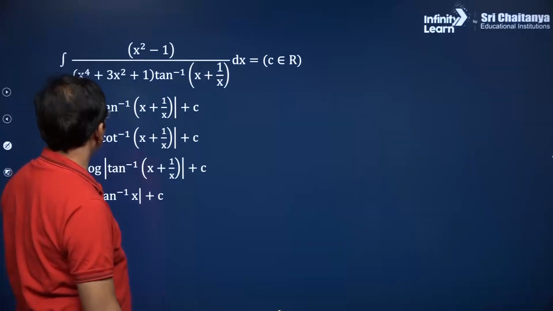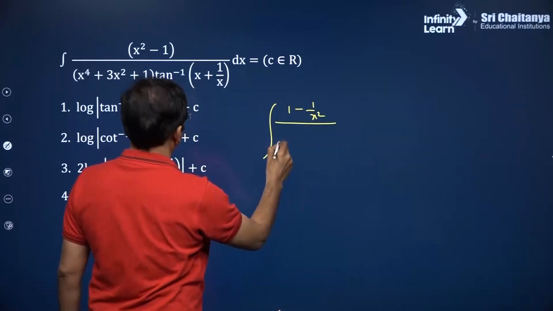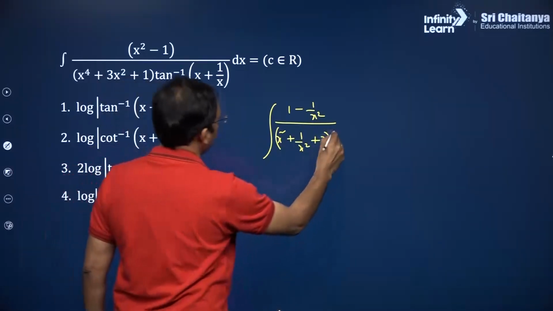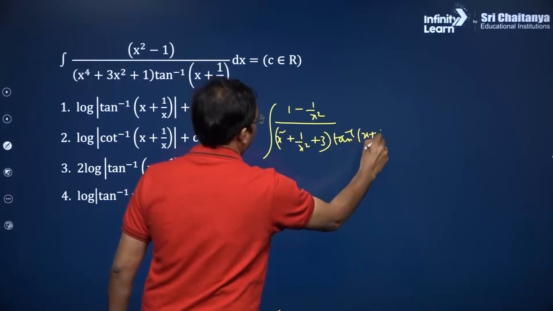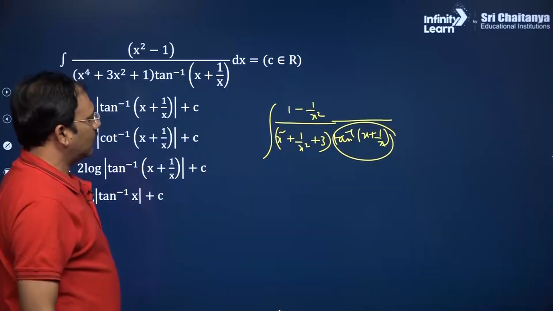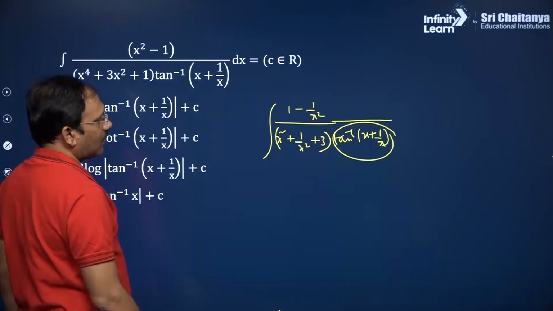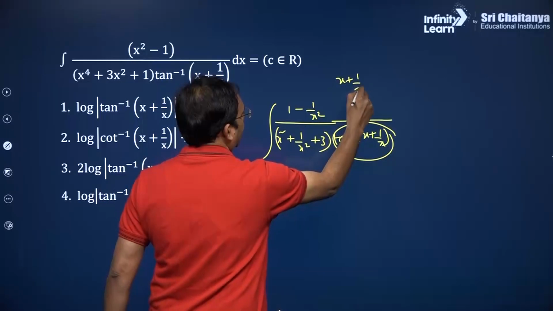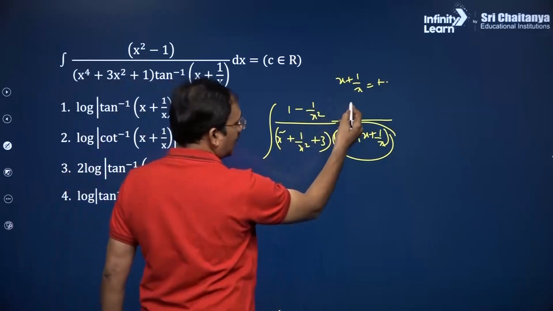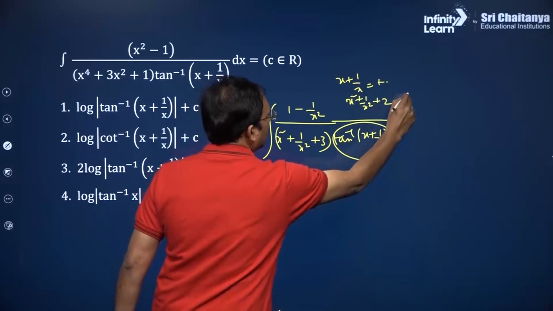Okay. Next, my dear friends, here you just divide by x square: 1 minus 1 by x square, over x square plus 1 by x square plus 3, into tan inverse of x plus 1 by x. You just take x plus 1 by x as t. Then 1 minus 1 by x square dx will become dt, and its square, x square plus 1 by x square plus 2, is going to be t square.